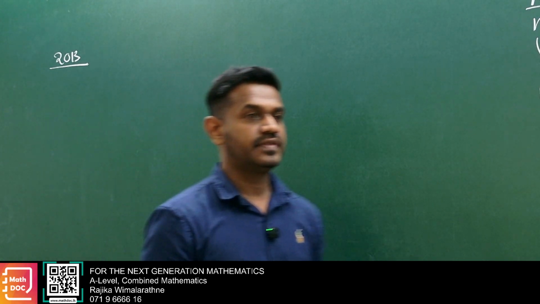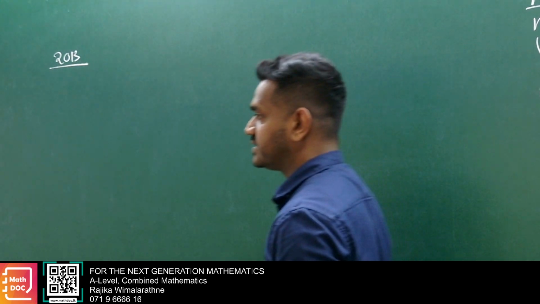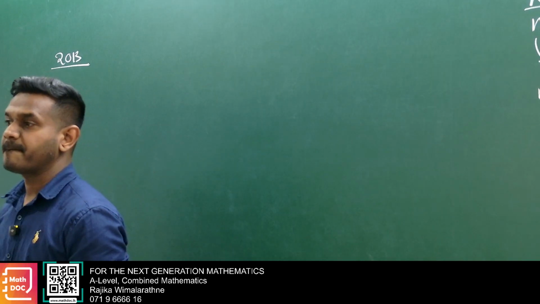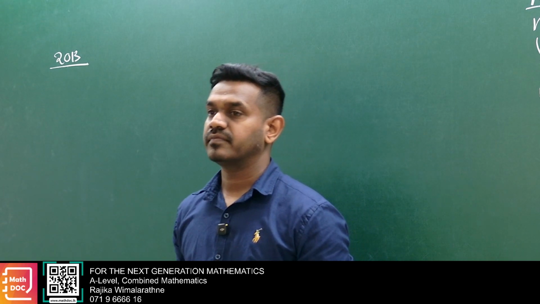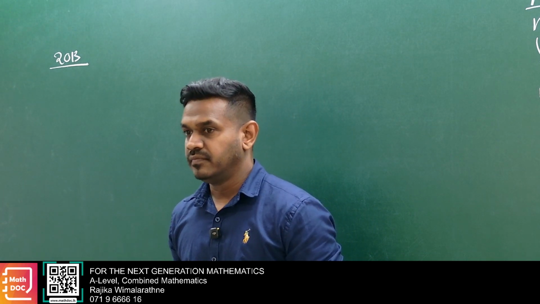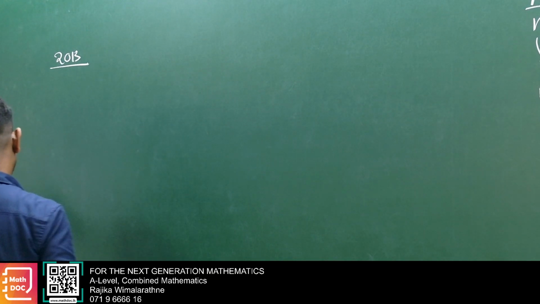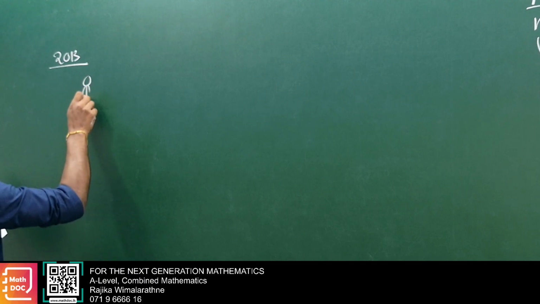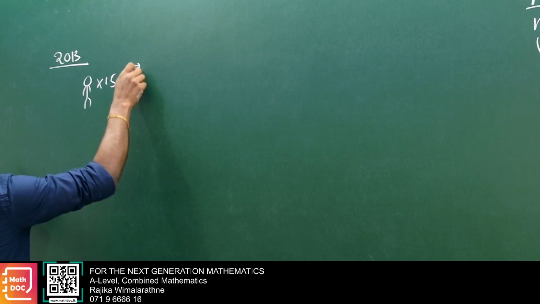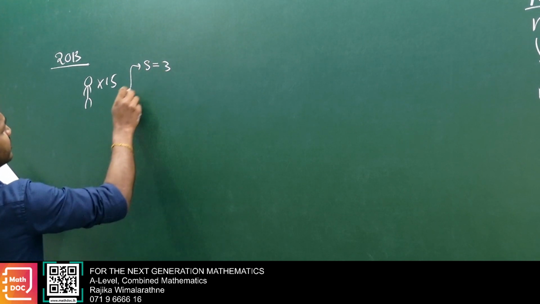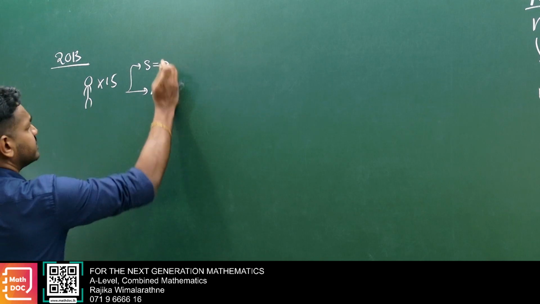Take a little time. Think about selections first. Yeah, there are 15 students, consider 3 science students, 5 art students, 7 commerce students.